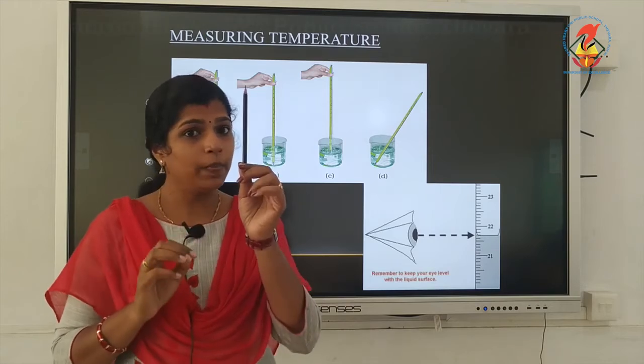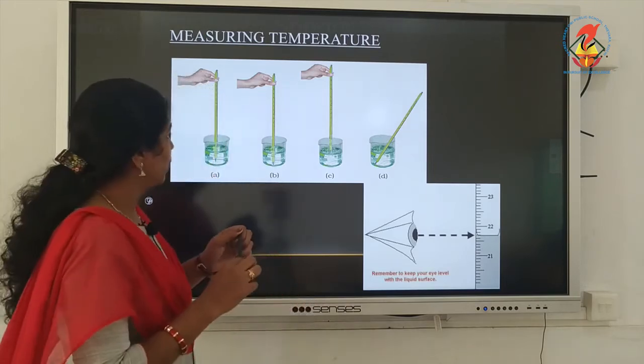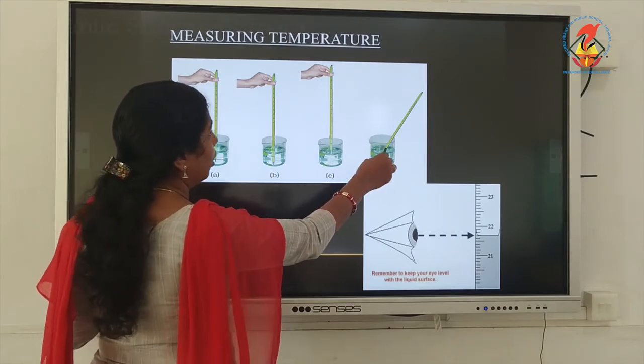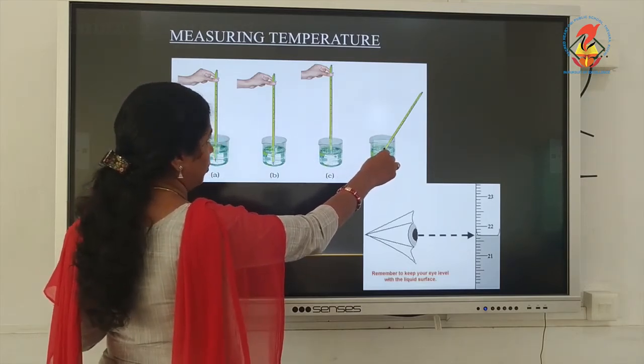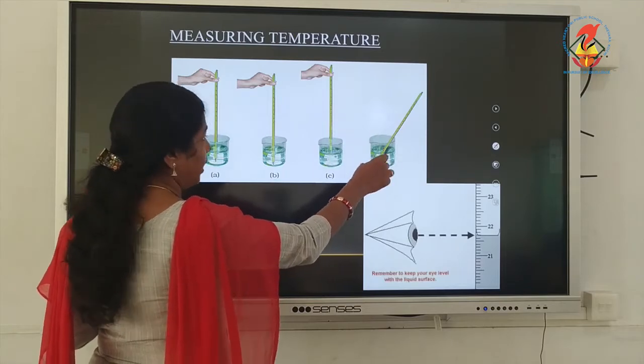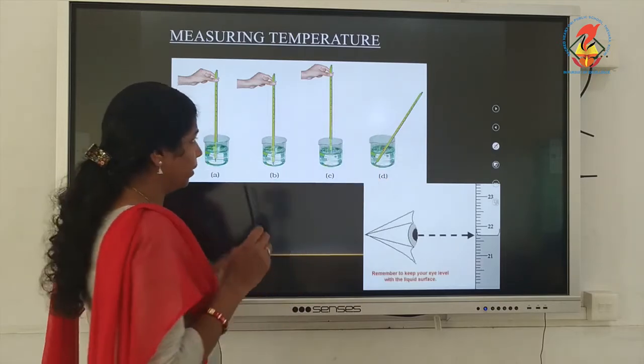This one is not possible. You can't keep the thermometer like this and take the reading.